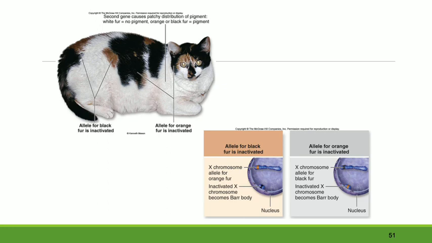Whereas over here, it was the X chromosome that carried the black colored allele that got deactivated. And so all of the cells that became the future generations that grew in this area from that original cell now also express the orange color.